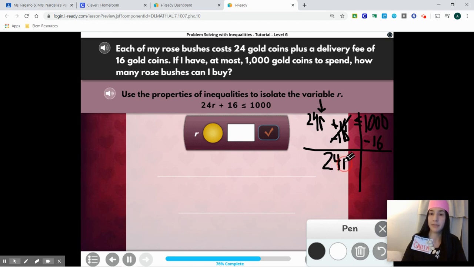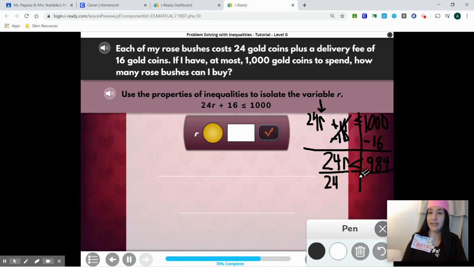Bring down the same inequality symbol because all we did was subtract the same number from both sides. So less than or equal to. And now we need to subtract 1,000 minus 16, which will give us 984. You could use your calculator to double check that. Make sure that we're correct. R is still not alone. We want to divide both sides by 24.